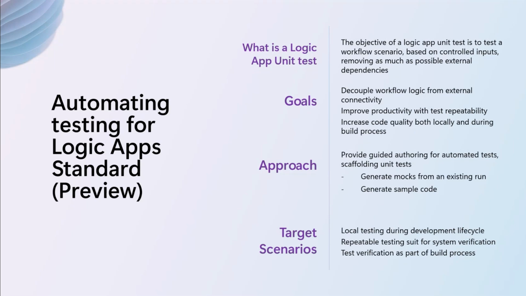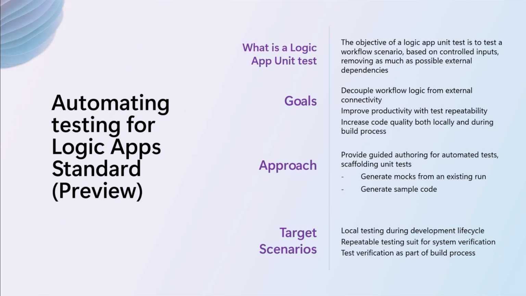For example, deciding when a message arrives whether it is an insert or an update, and depending on that, calling a different API to insert the message or to update, and then removing that message from the service bus queue, right? How do I test all those different scenarios on that workflow without having to connect to service bus, connecting to those external APIs?